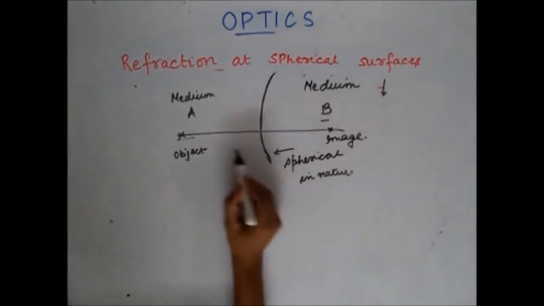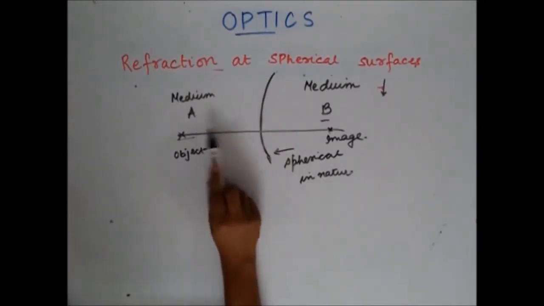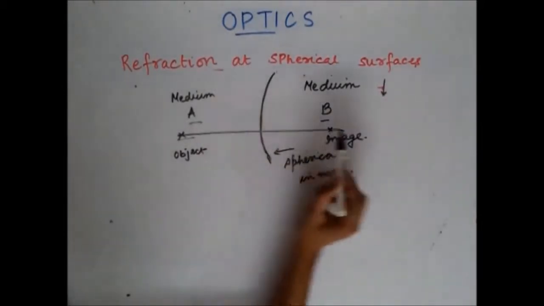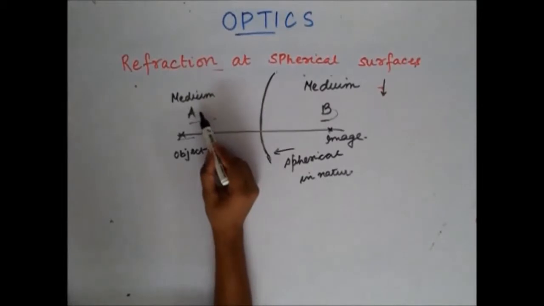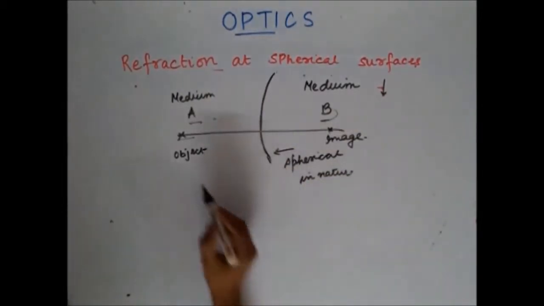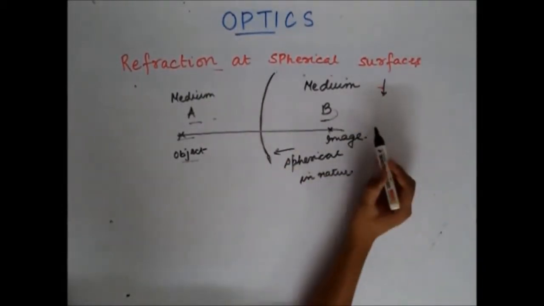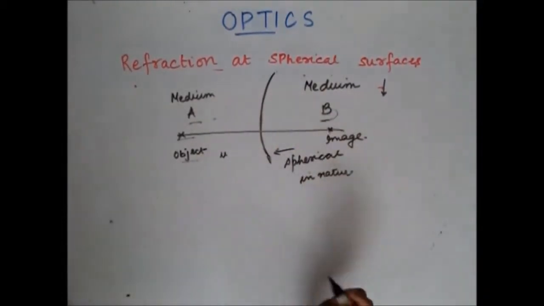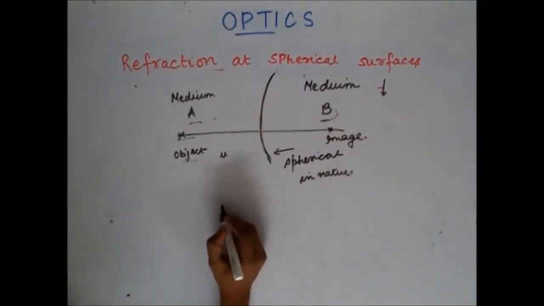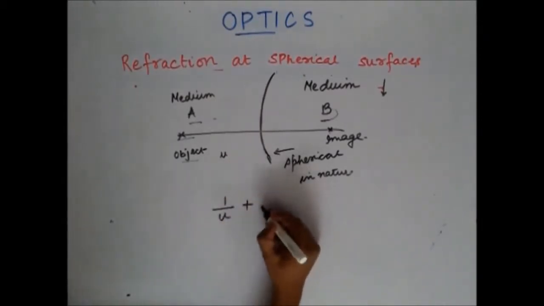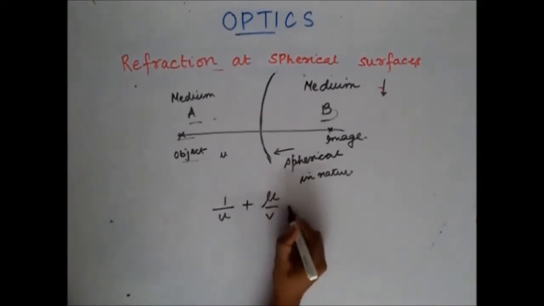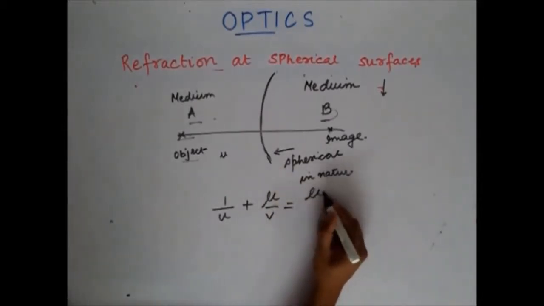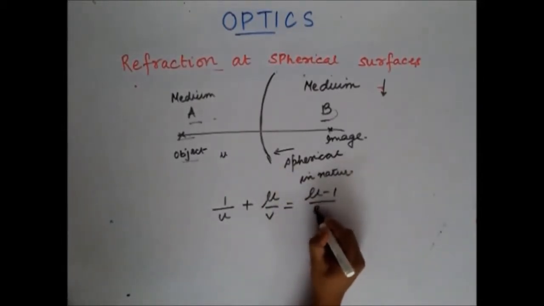Now, when we have a single refracting surface and two media, medium A and medium B, the equation which relates the object distance u with the image distance v is given by 1/u + mu/v = (mu - 1)/R.